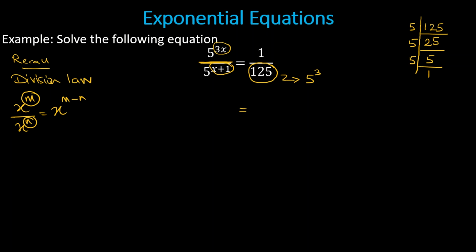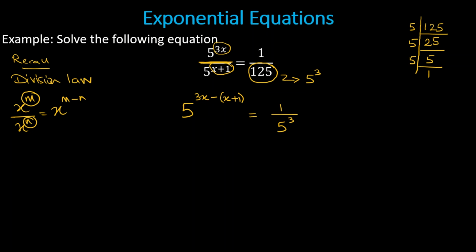So here we have 5 to the power of 3x minus x plus 1, right? And now 1 over 125, 125 is simply 5 to the power of 3. We have said it before.